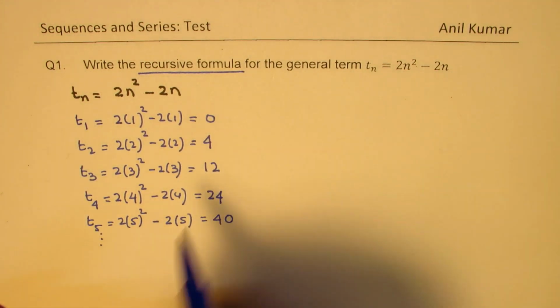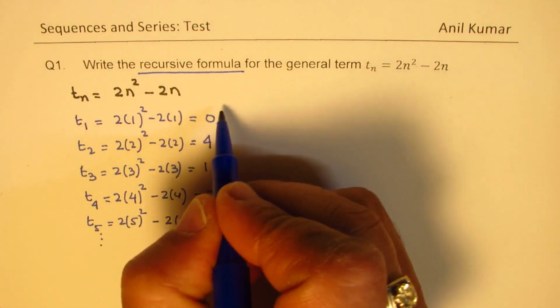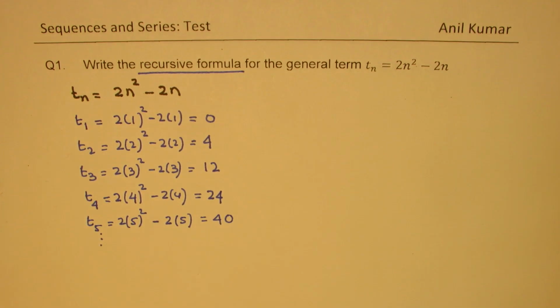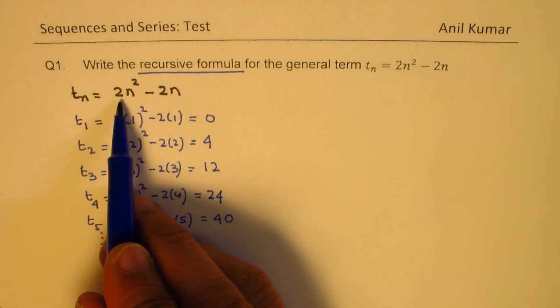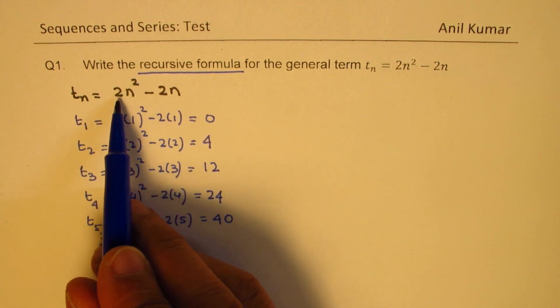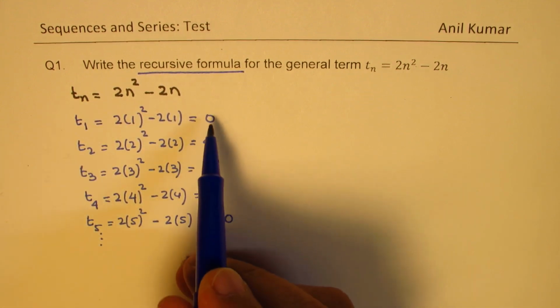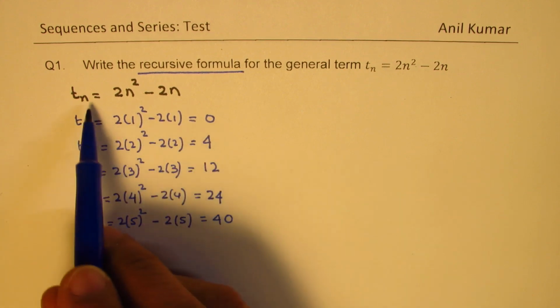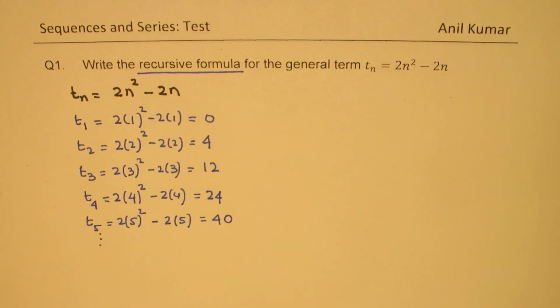Whenever you have a sequence, it could be linear if the first difference is constant, correct? If the first difference is not constant, then it is quadratic. It could be a polynomial, but we know that here, because that is the general term, the second difference is constant, right? So it is a quadratic for sure, as you can see here.